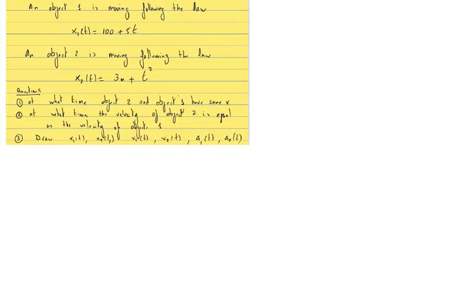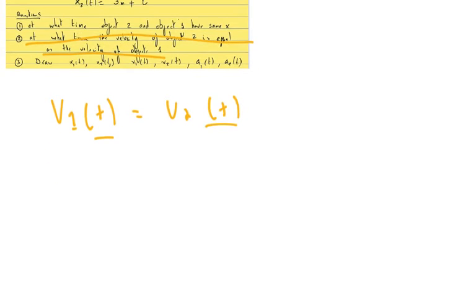Question 2 in question 1 is asking us at what time the velocity of object 2 is equal to the velocity of object 1. So to do this, we have to set the velocity of object 1, v1(t), equal to the velocity of object 2, v2(t), because we're looking for velocity. That would mean we have 5 equals 2t.